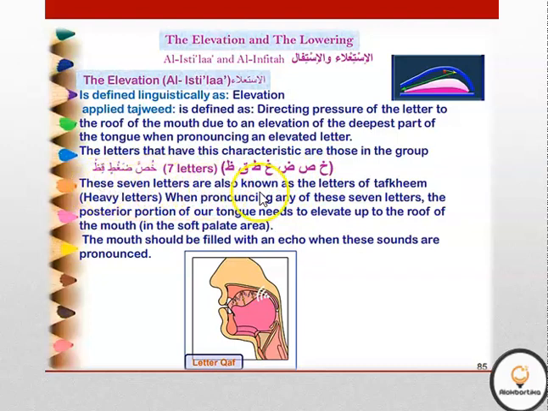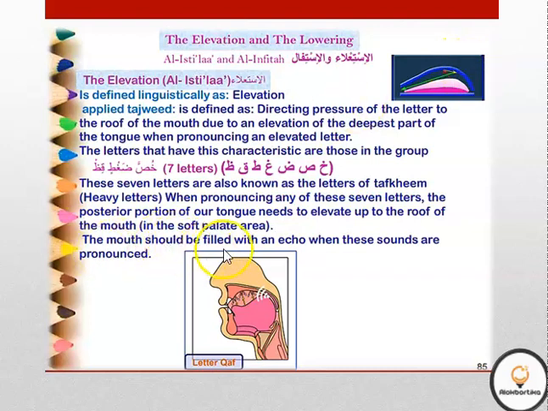These 7 letters are also known as the letters of tafkhim or heavy letters. When pronouncing any of these 7 letters, the posterior portion of our tongue needs to elevate up. That means to take it closer to the roof of the mouth in the soft palate area. This is our soft palate area.